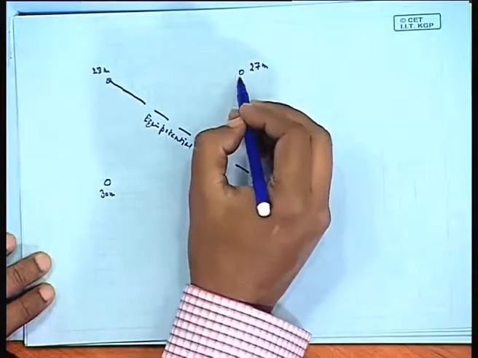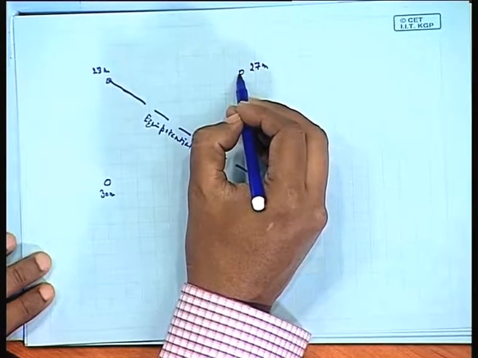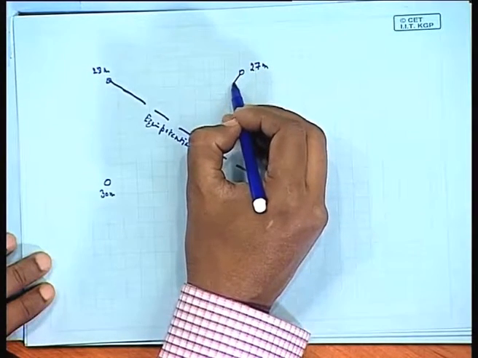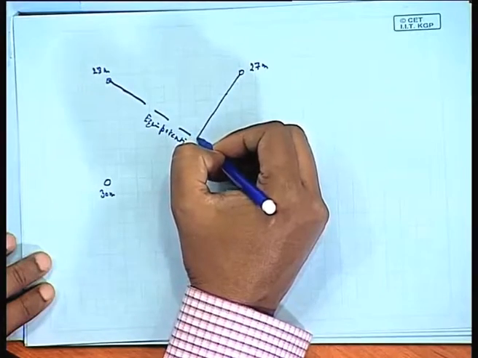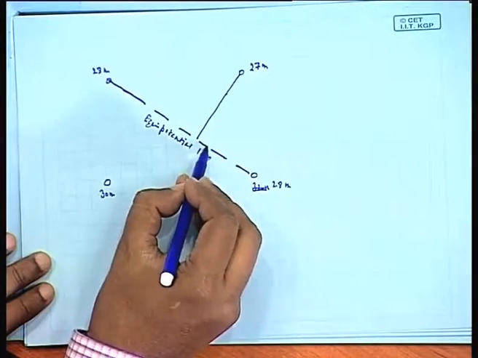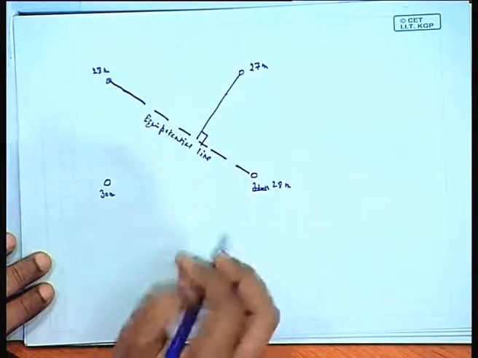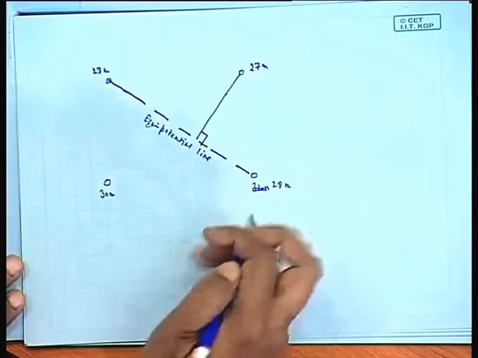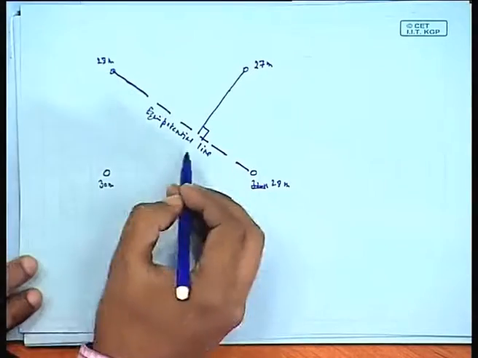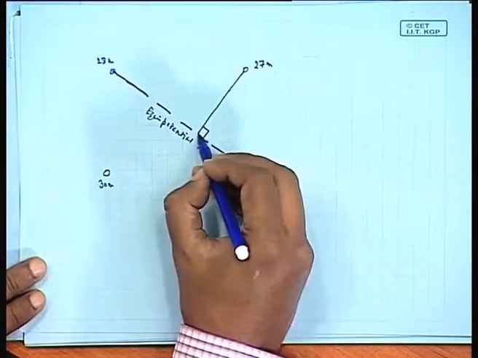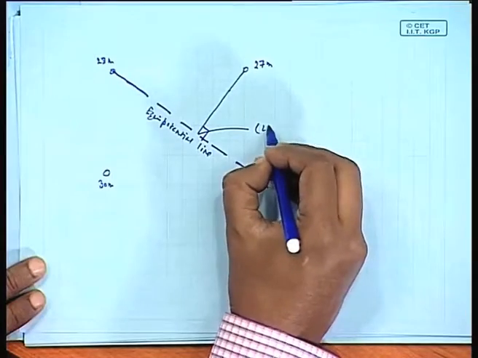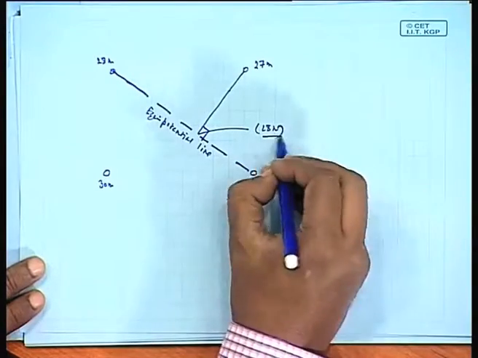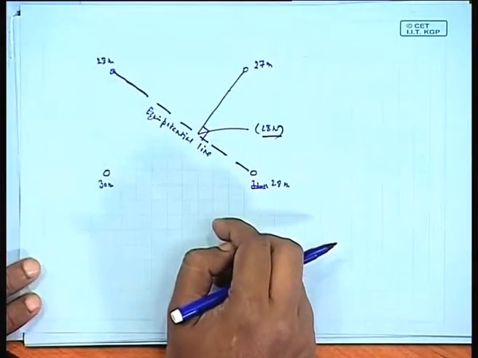So if it is an equipotential line, what we generally do is draw a perpendicular on that. As you can see, we can conceptualize that this value is about 28 meter also, because of the equipotential line.